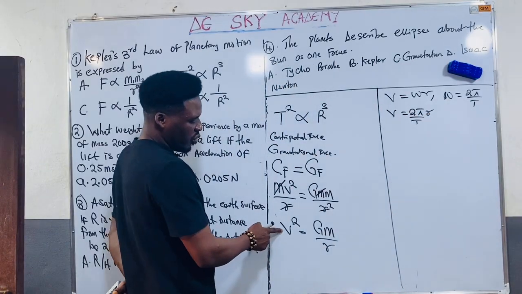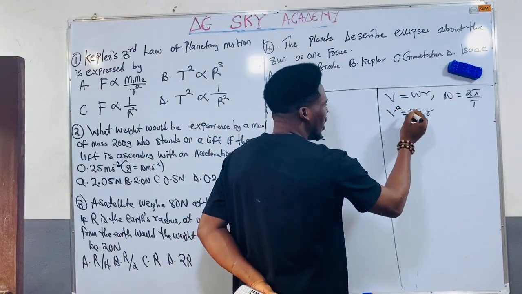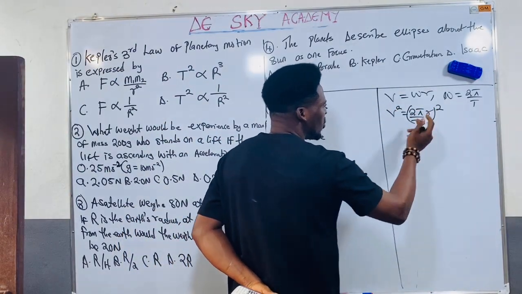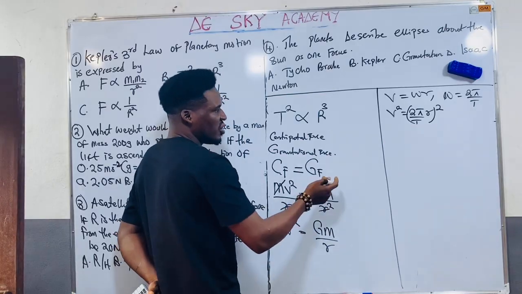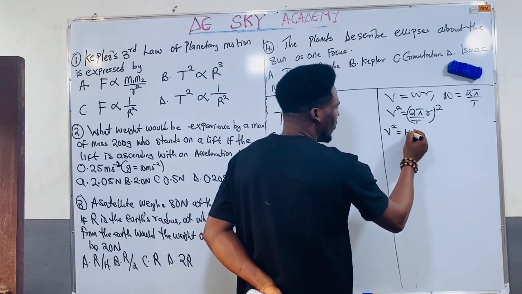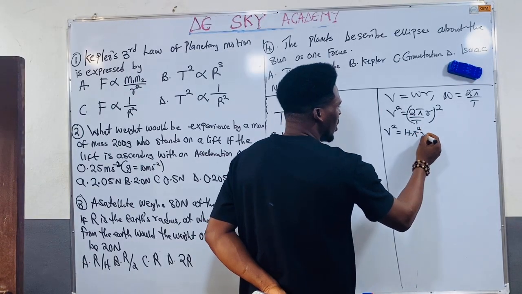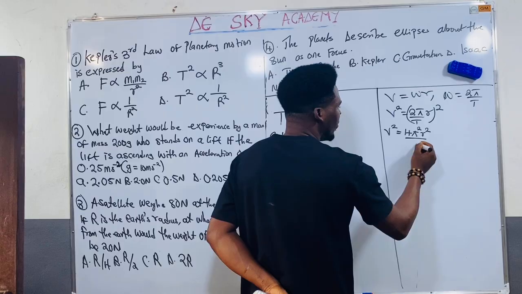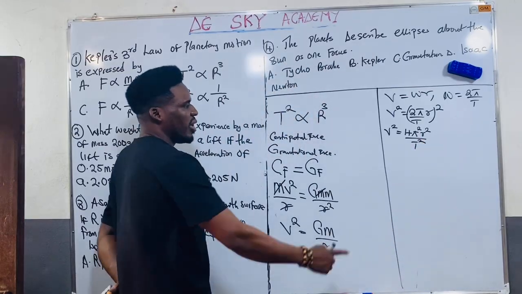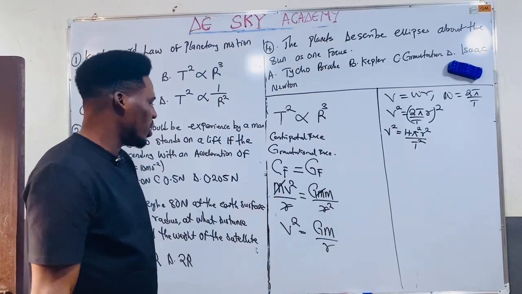But what we are having here is V square, so I will take the square of this. V square will now be equal to 4 pi square r square over T square. So my V square is 4 pi square r square over T square.